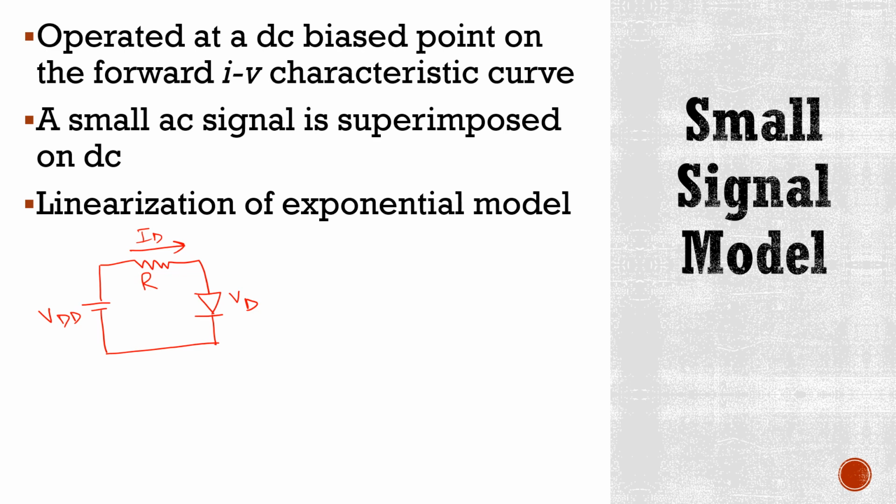Now consider a situation in which this VDD is undergoing a small change, delta VDD. The diode voltage is changing by an increment delta VD. Similarly, the diode current is changing by an increment delta ID.